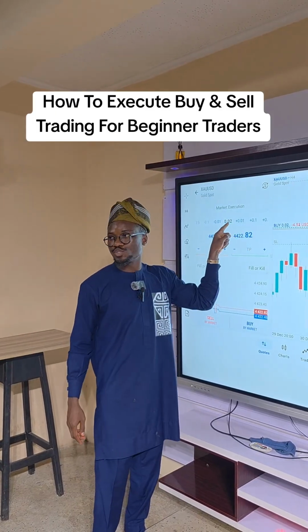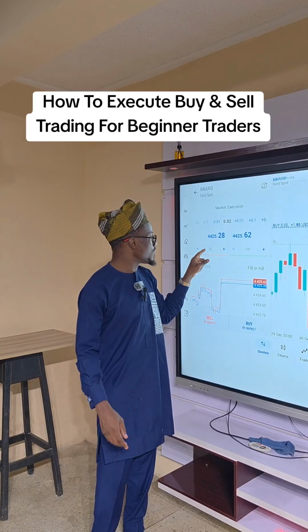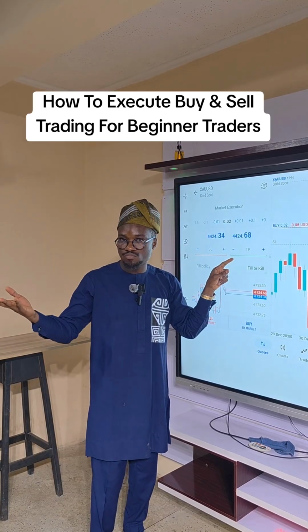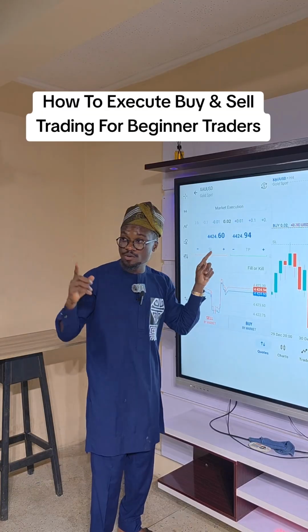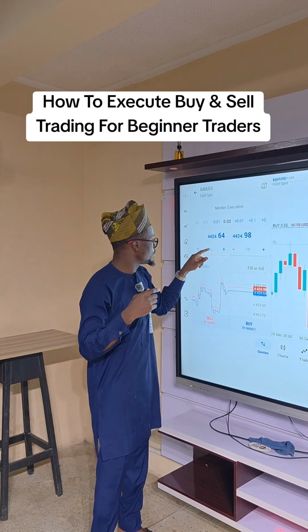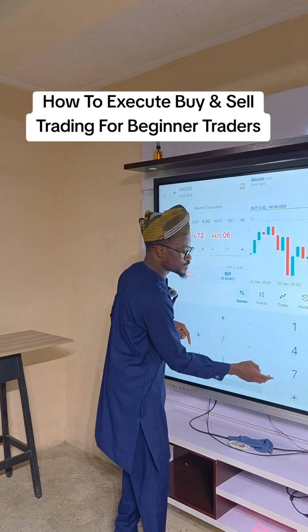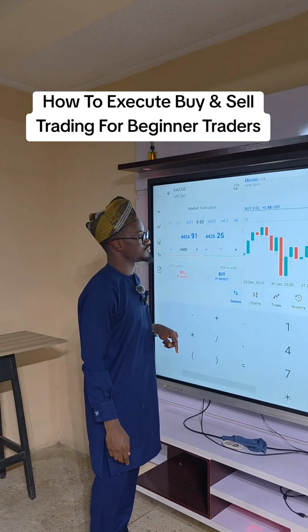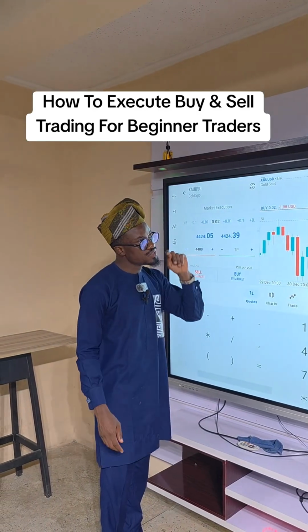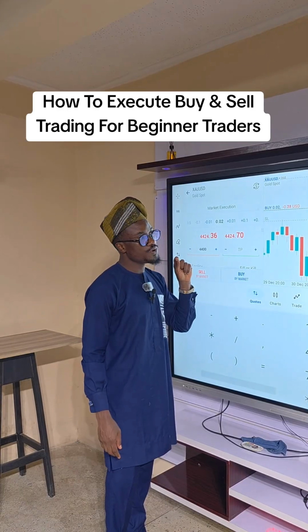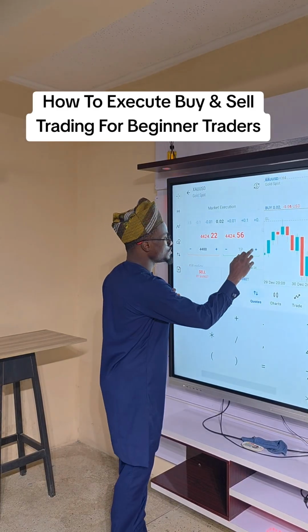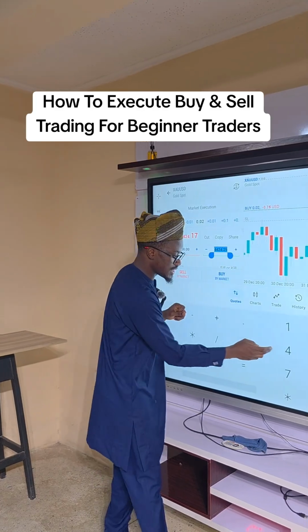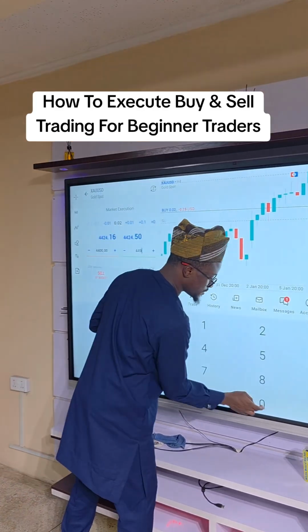You input your entry, and set the stop loss the trader said you should put or you wish to put. The stop loss is still 4,400. Your TP is around 4,490.